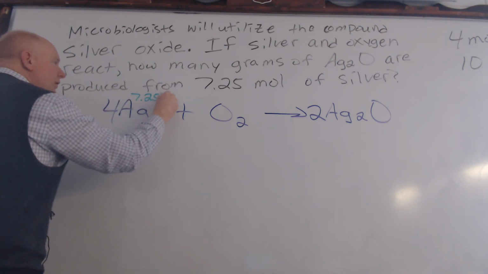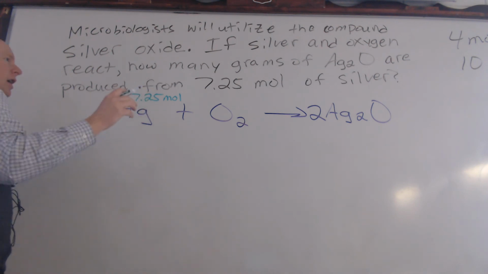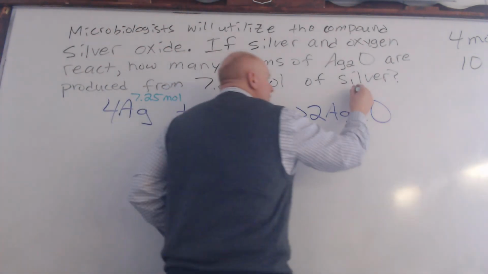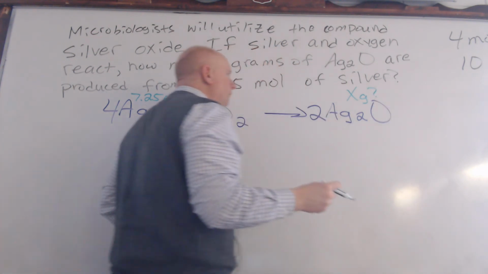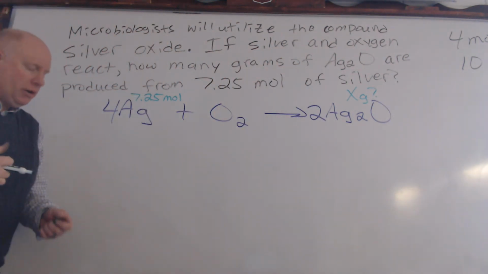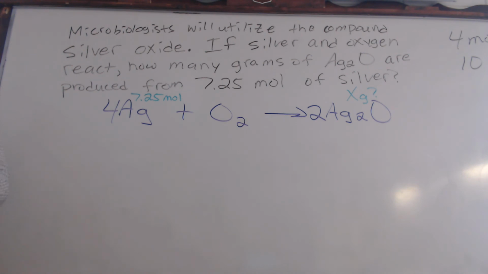7.25 moles of this substance, and we want to know how many grams of this will be produced. To me, this would be a practical answer because not all bandages are the same size, are they? So logic would tell you the larger the bandage, probably the more of this you're going to have to add.